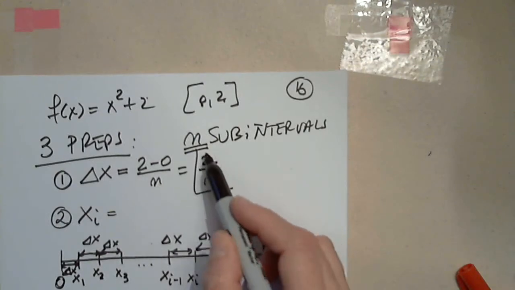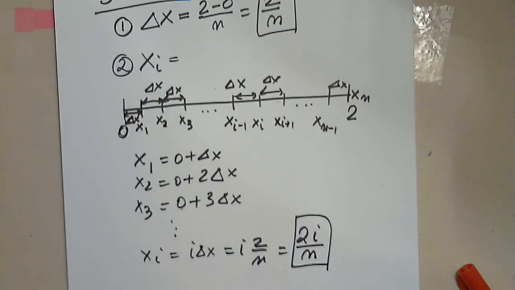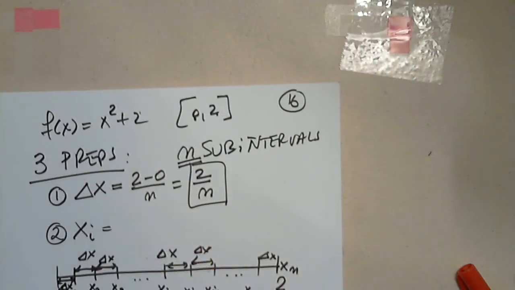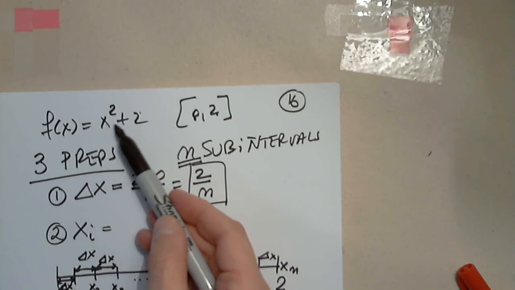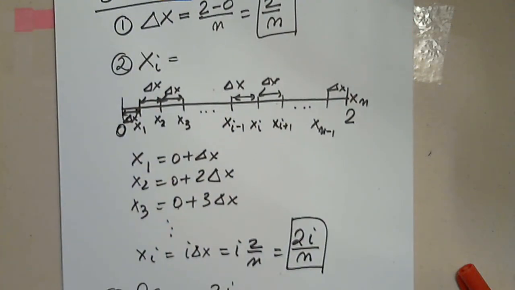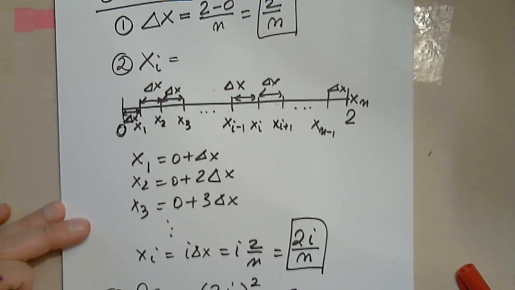So I got delta x, I got xi, and the third prep is f of xi. In this function, I plug in xi plus 2. So 2i over n, everything squared, plus 2. I square, and I get 4i squared over n squared plus 2.